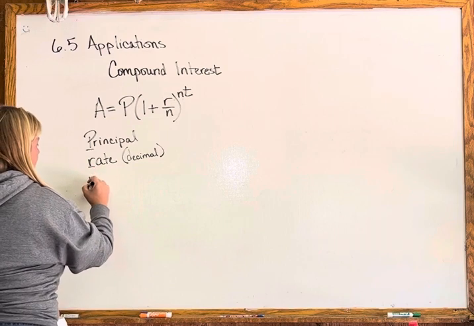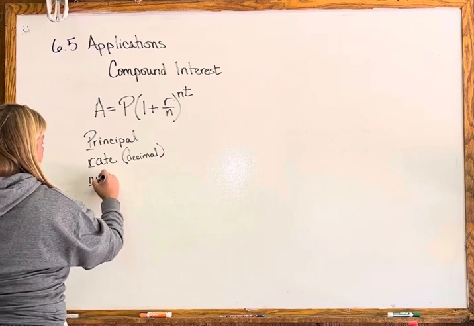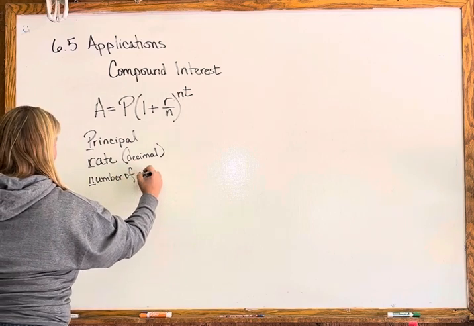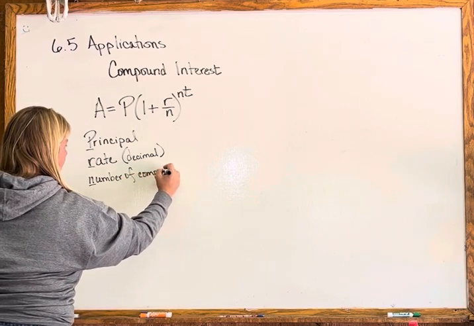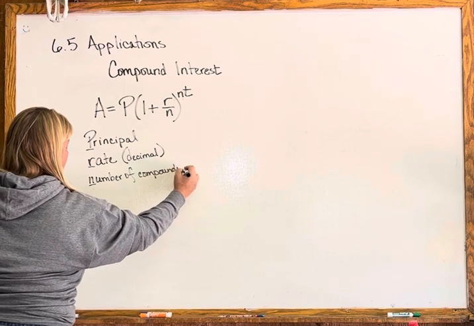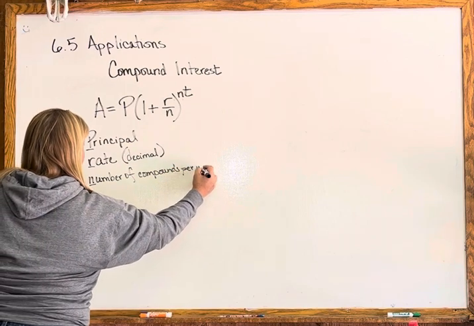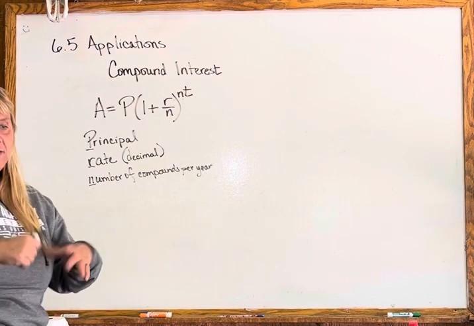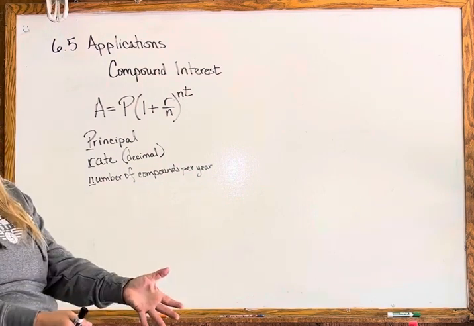Now N is the new guy. N stands for the number of compounds per year. So with compound interest, what happens is you give, let's say a bank, you put money into a savings account.